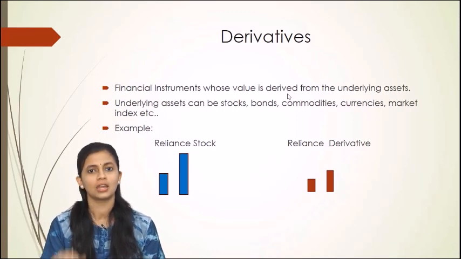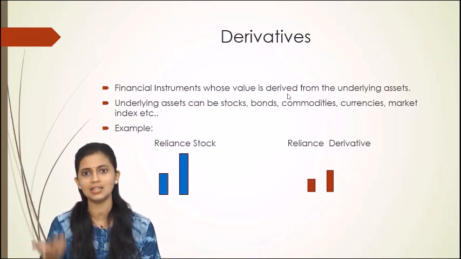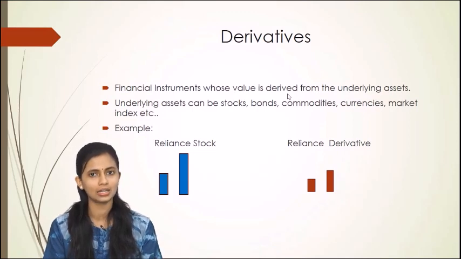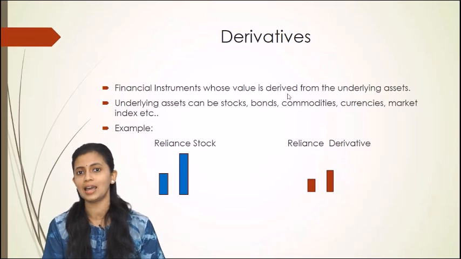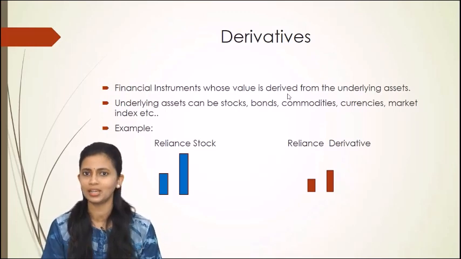So to make it simple, the Reliance stock is the underlying asset and Reliance options, maybe Reliance futures, all these are derivatives. So the moment the value of the Reliance stock increases, the Reliance derivative will also increase. If the Reliance stock value decreases, then the value of the derivative will also decrease.